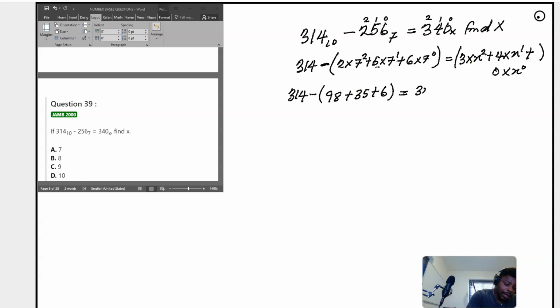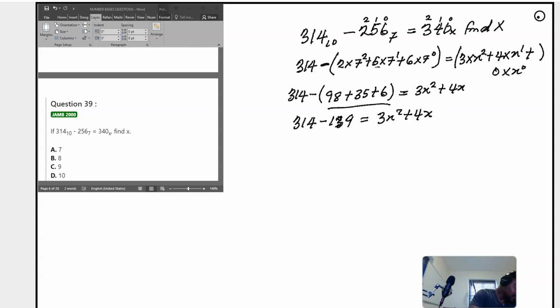This one is 3x squared plus 4x. Right? That's what we have. So 314 minus, let's add everything here together. 98 plus 35 plus 6. That is 139. Is equal to 3x squared plus 4x.